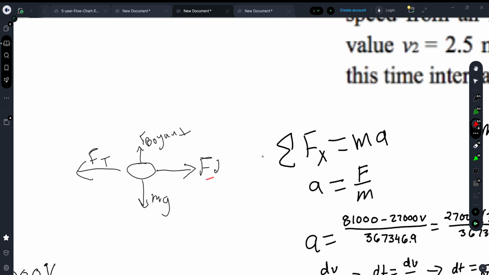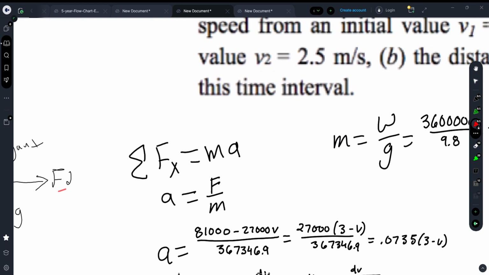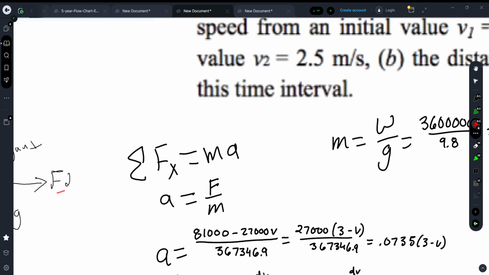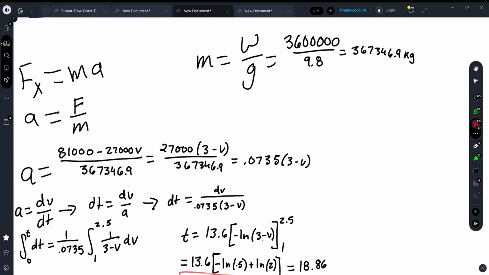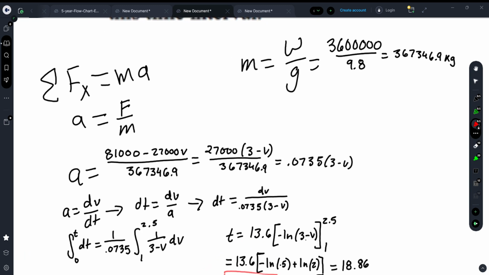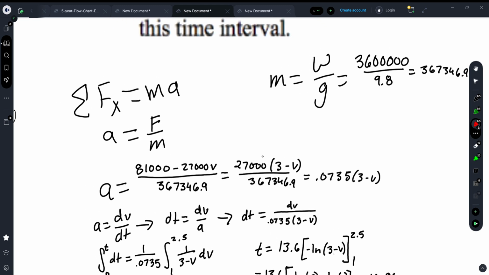So just this net force equals ma, and so I started solving it this way to get that function of a.